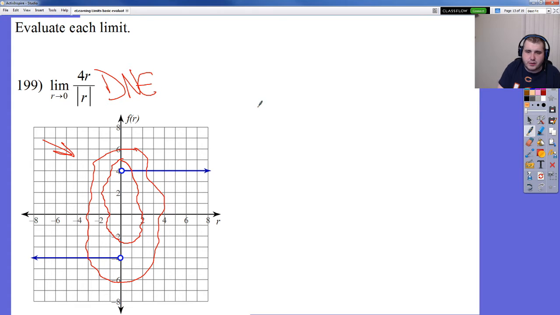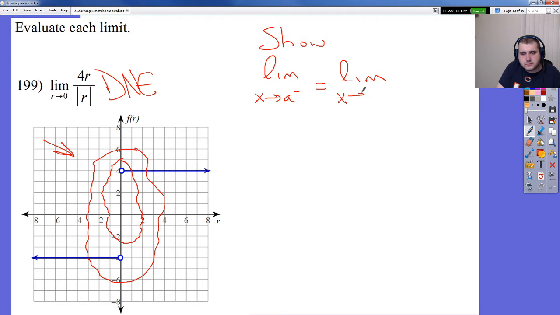But obviously, if you need to show your work, we've got to do a little bit more. And the easiest way to do this is to show whether the left-handed limit and the right-handed limit are equal.